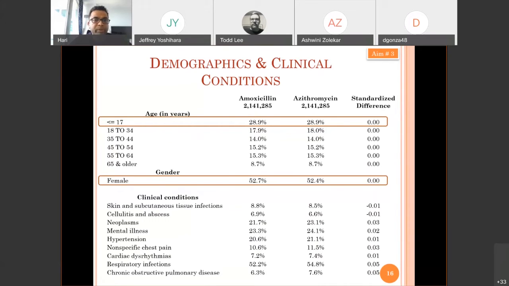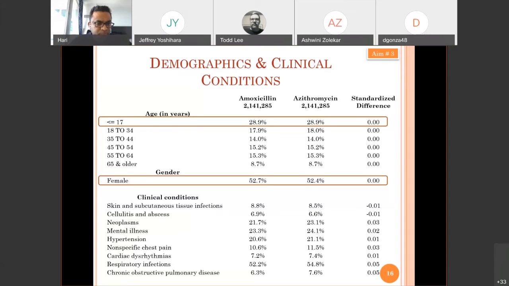But overall, our group is very general in terms of the age group here. We do have quite a few patients who were over the age of 65, but also 30% of the patients were less than 17 years old. On average, the age was about 36 years old. Half of these patients were females. And in terms of the clinical conditions, really, there were no differences between both of these cohorts.